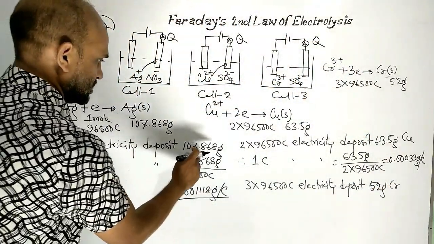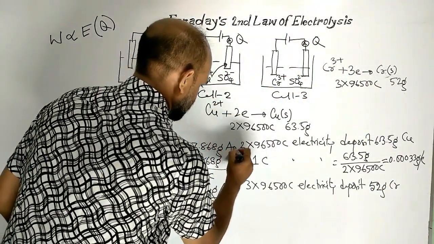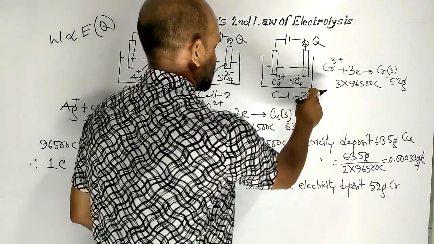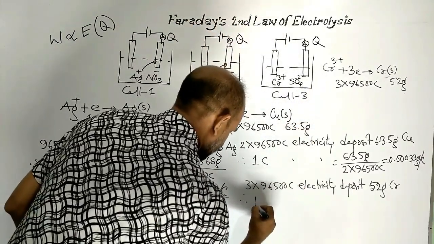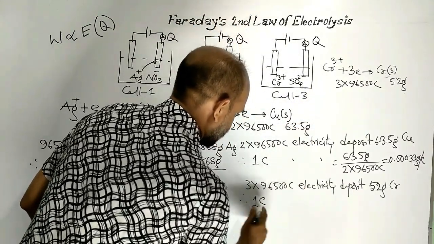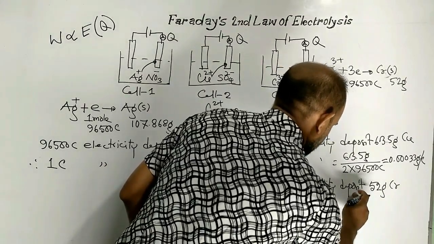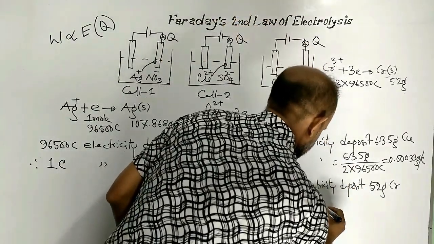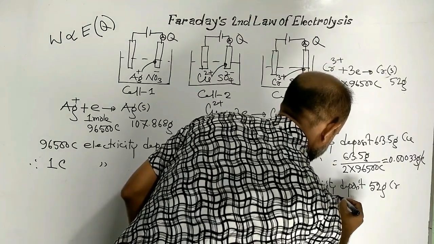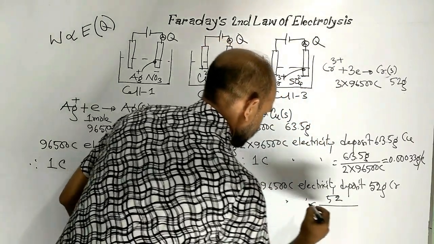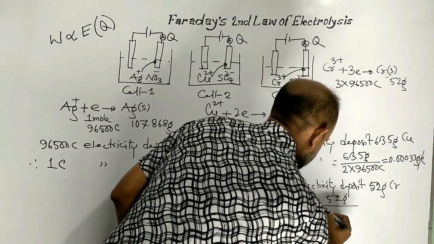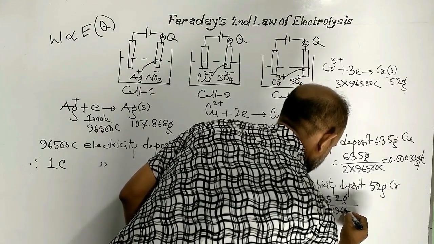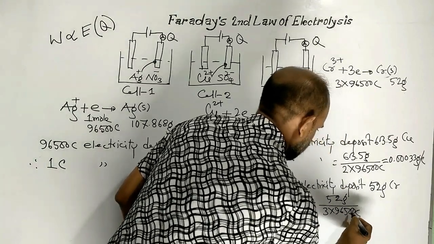In case of chromic sulfate, for passing 1 coulomb of electricity, chromium deposited is 52 divided by 3 times this.